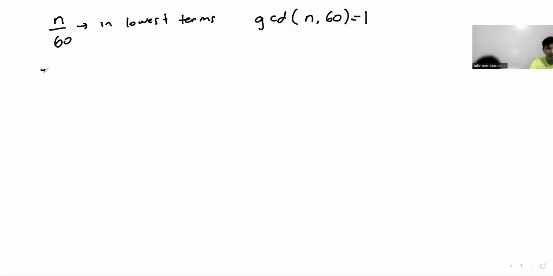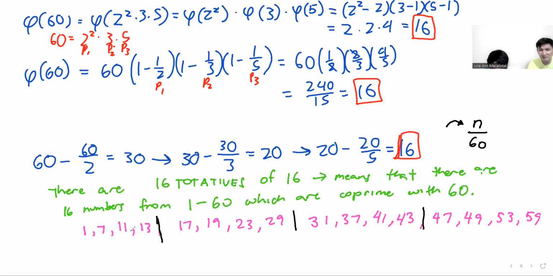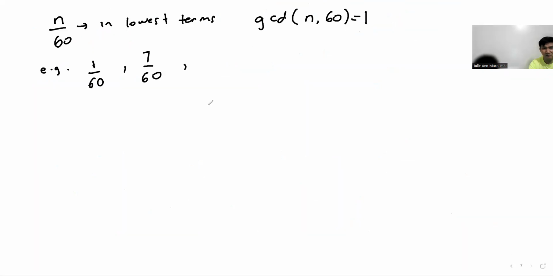Examples will be 1 over 60, 7 over 60, any of those 16 totatives that we got. Can you bring me to the previous one? There: 1, 7, 11. I can plug in any of these 16 totatives as my numerator, and I will get a fraction in lowest terms.